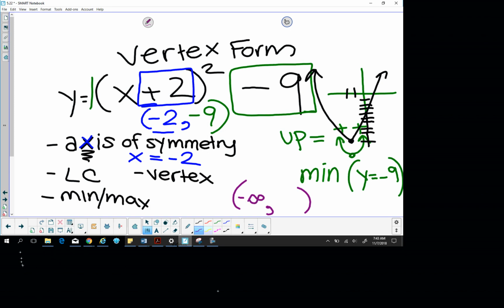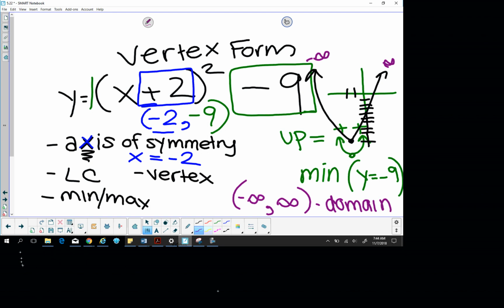Negative infinity to positive infinity, because they're going both directions forever and ever. Good job. So that would be your domain, because it's going side to side forever and ever.